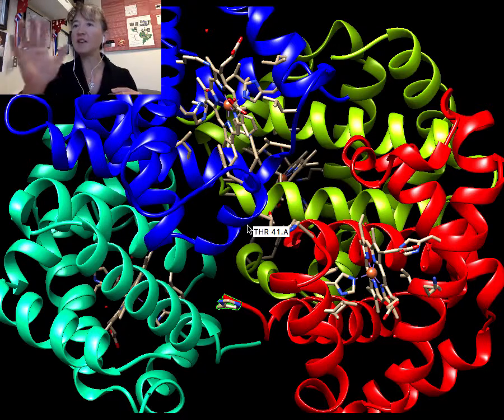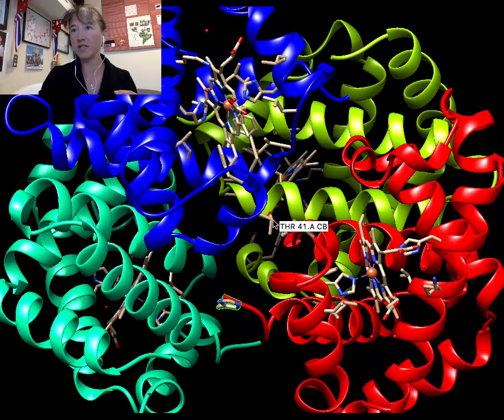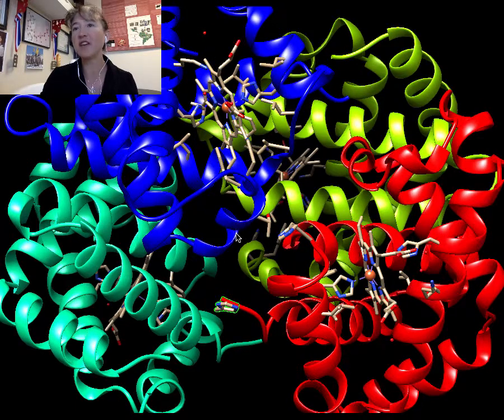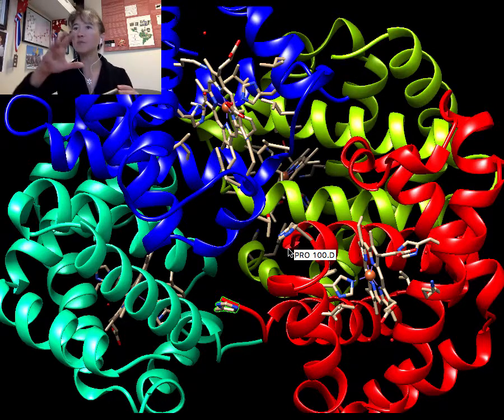That will then take the hemoglobin from being in one conformational form, the conformational form in which we see the interaction of threonine 41 and histidine 97, has a name. It's called the T form of hemoglobin. Whereas when we shift and the oxygen is bound and the interaction comes between threonine 38 and the histidine 97, it's moved into a second form, the R form.